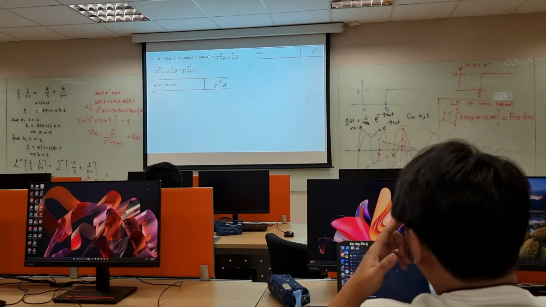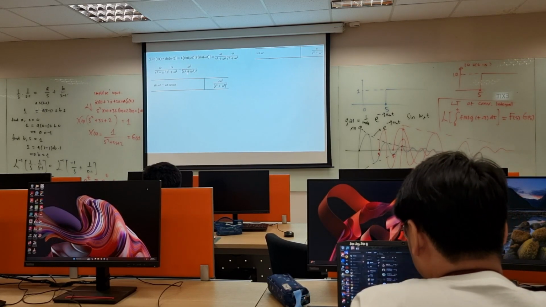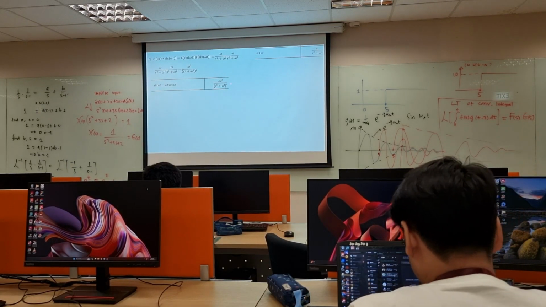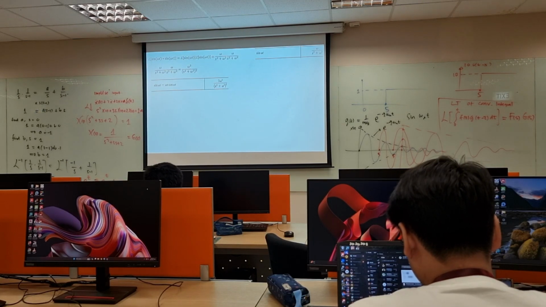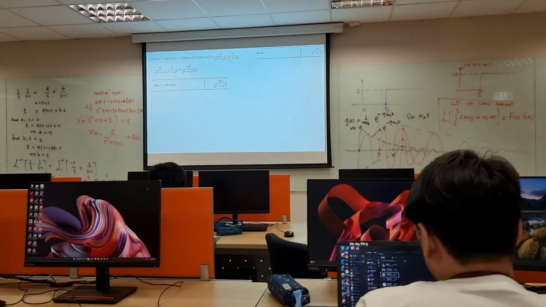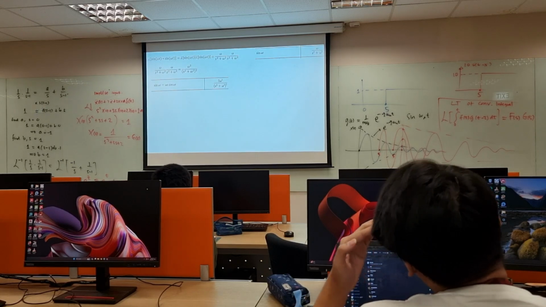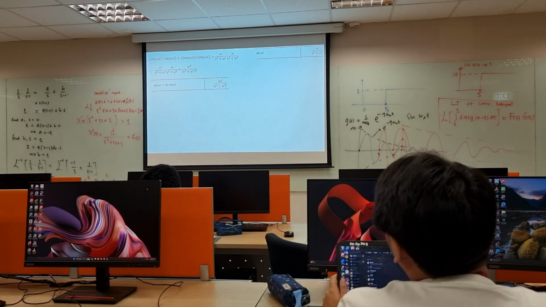However, I also find in the Laplace table that I can match the denominator. You see, the denominators are the same, but the numerators are different, so I have to modify it a bit. Modifying the numerator is easy. What do we do? Not multiply by 2, but multiply by 1 over 2 omega.